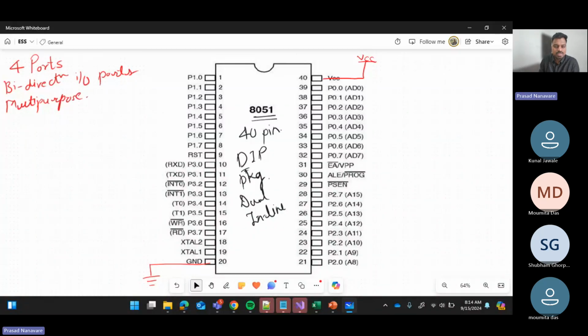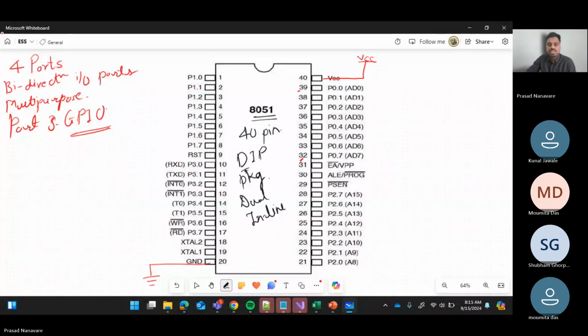Like you see port 3. Port 3 is a multi-purpose port as well as a general purpose input output, GPIO. Our port 0 ranges from pin number 39 to pin number 32.